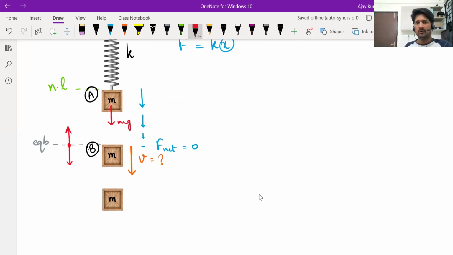Once you cross the equilibrium position and go down, the spring's elongation increases further, which means the spring force will increase further, and spring force will dominate. Mg will be weaker than spring force. Then there will be a net force in the upward direction. Then the block will slow down, stop, but it will get pulled back by the spring. It will keep oscillating up and down. Are you all able to visualize this? Any doubts in this?